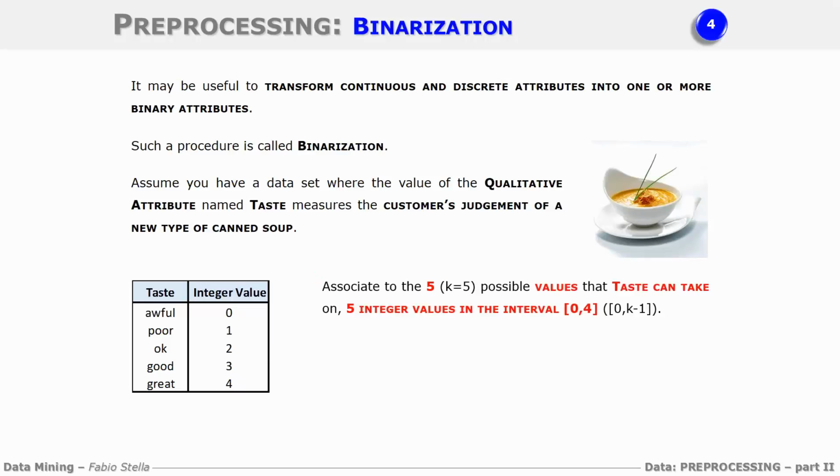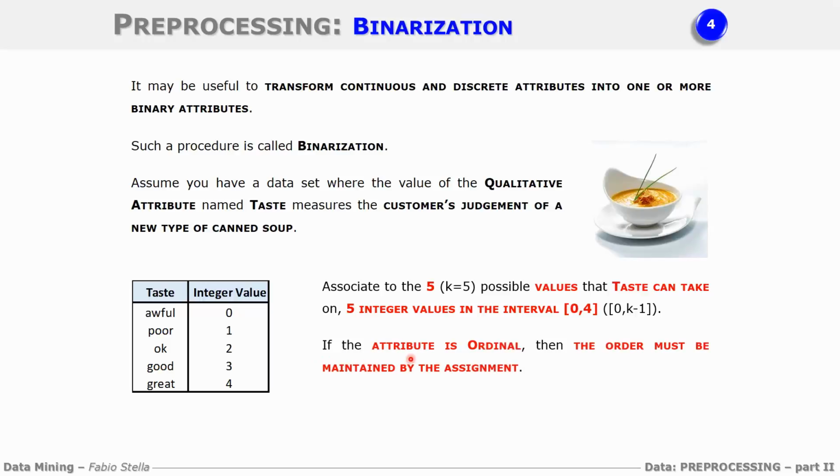In particular, we associate to the k equal to 5 possible values that the attribute taste can take on, 5 integer values in the interval from 0 to 4. So in general, we will have the interval ranging from 0 to k minus 1.